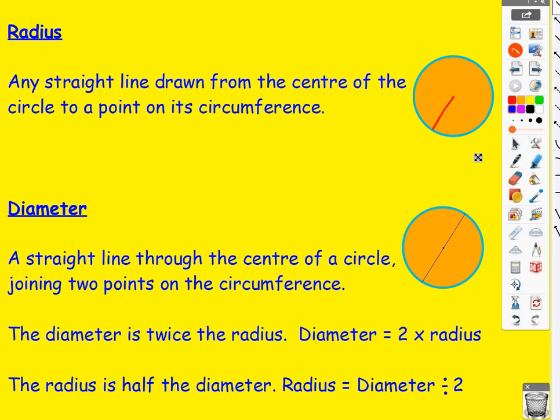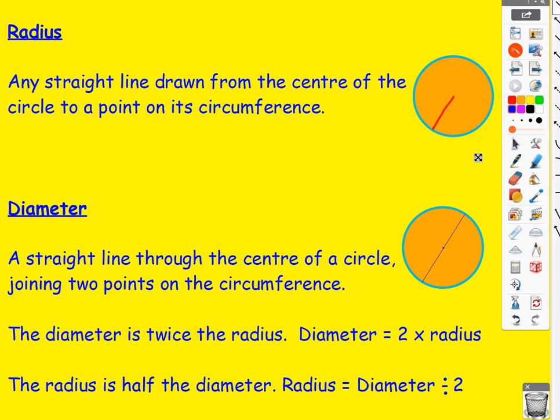Now sometimes people get a little bit confused between radius and diameter and they mix the two of them up. What I would say is the radius is the smaller word, so that's the smaller of the two lines, just from the centre to the outside. Diameter is the longer word, so that's the longer line going all the way through the circle from one side to the other through the centre.